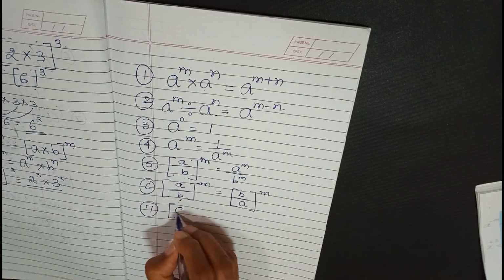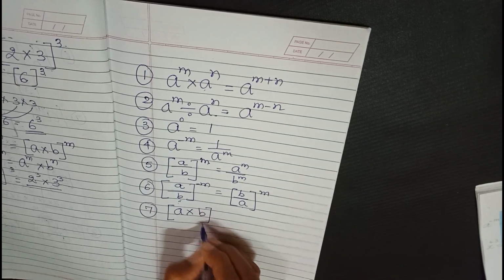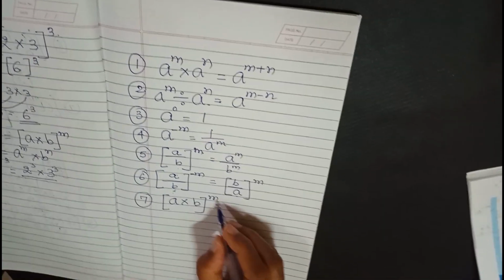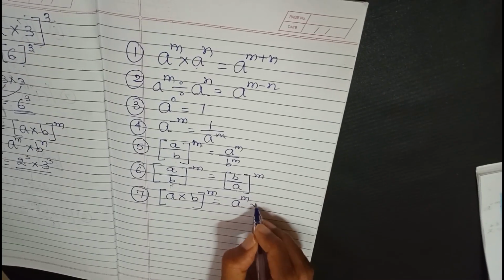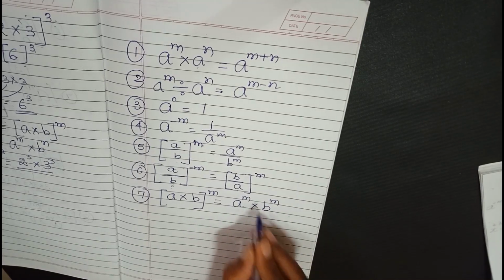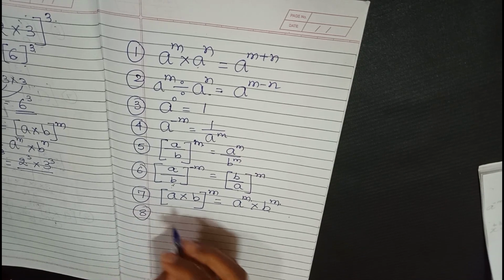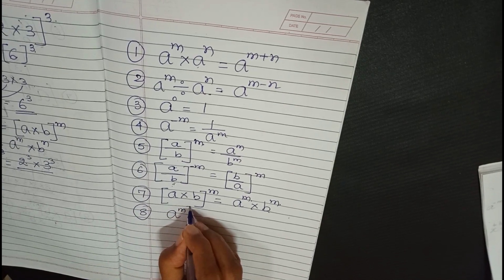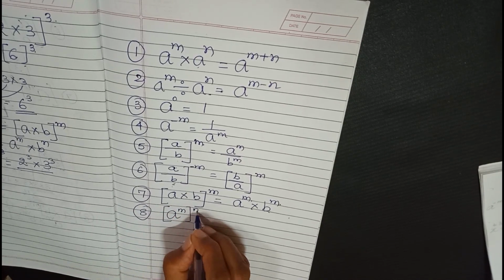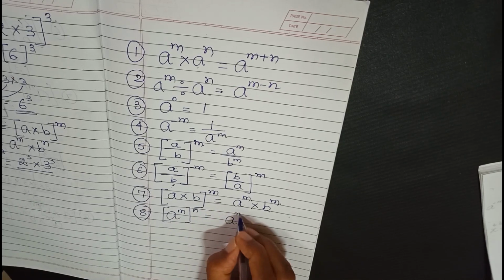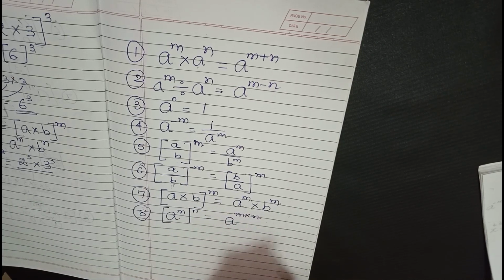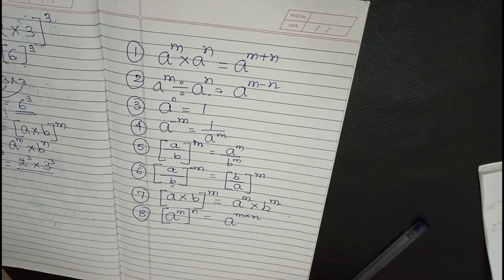The seventh one was when there are different bases but with a common power, then we can open the bracket and have the same power for the two different numbers. And the last one was when one single number has two different powers, then we can find the answer using this formula. So these are the 8 rules of indices which you can use from 6th to 10th for solving various sums. Thank you.